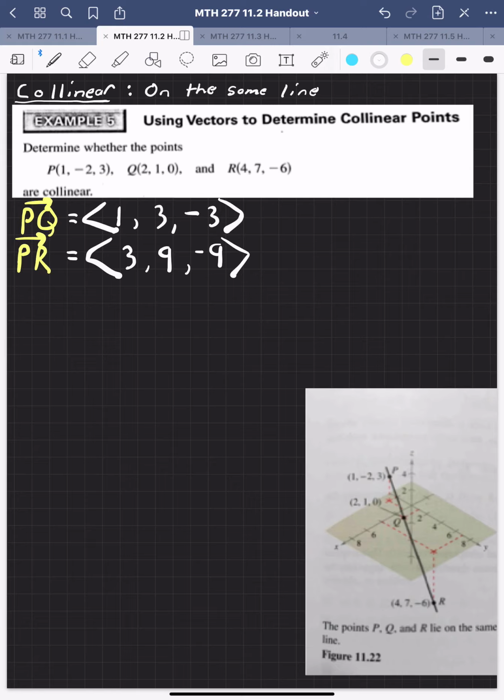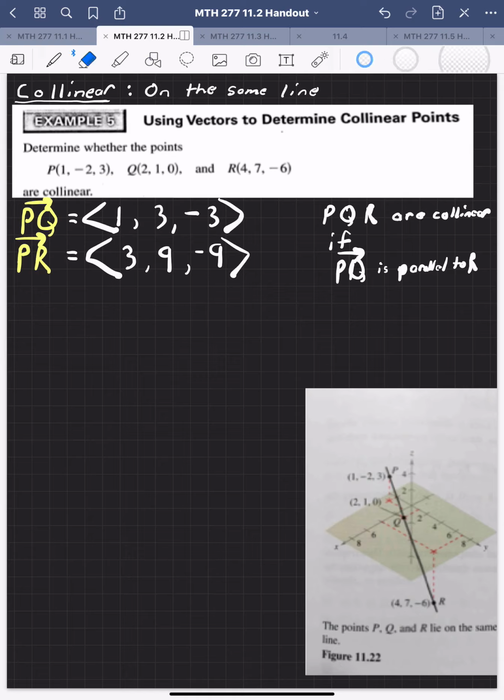All right. So P is my initial point, and what I know is that P, Q, R are collinear if P to Q is parallel to P to R. All right.